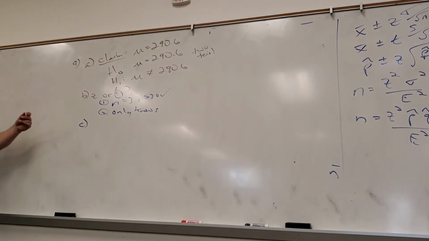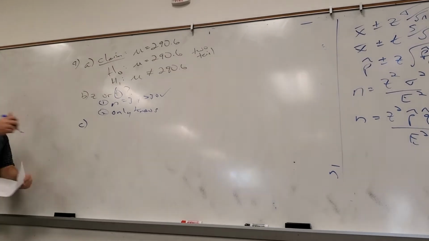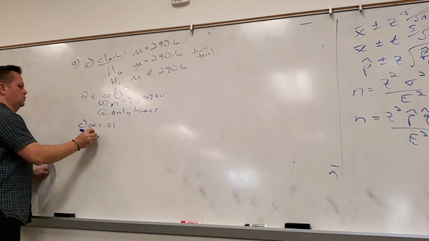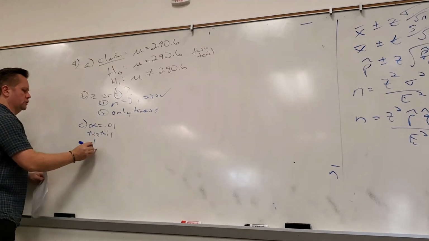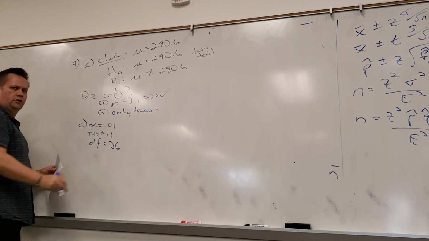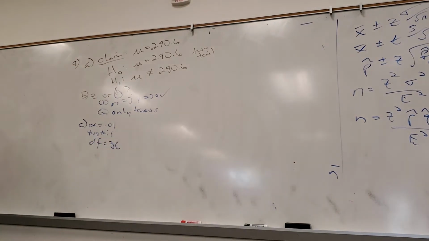All right, and then what's my rejection region? Do I give us an alpha? Oh, good. Alpha is 0.01. It's a two-tail test. I'm using t-scores, so what's my degrees of freedom? I think I heard 36. Okay.